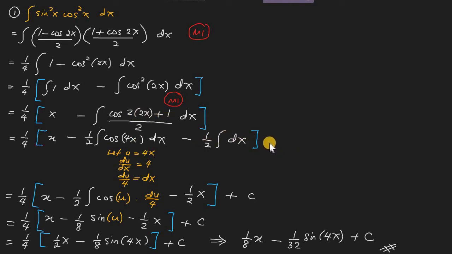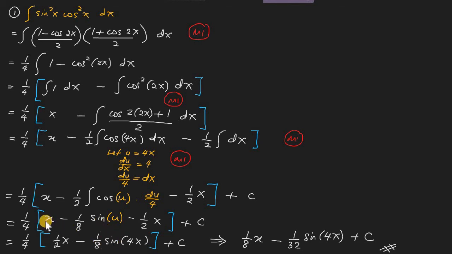So integrating term by term, for this portion we need to use a simple u substitution. So change everything in terms of u. Check my work. dx is du on 4, so it becomes 1 on 8 cosine u. Integrating cosine u, we get sine.